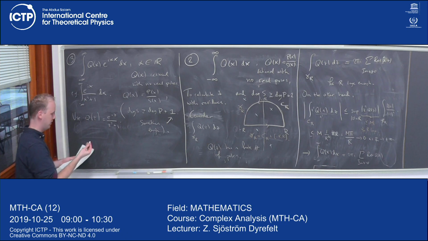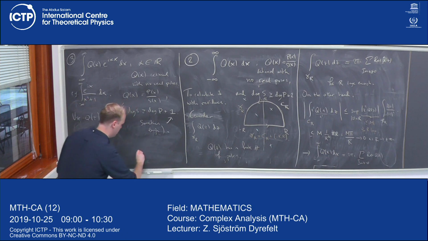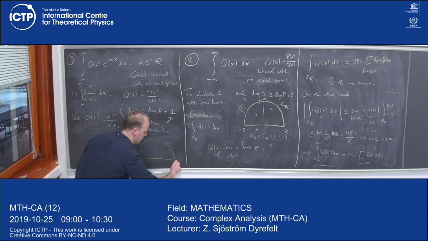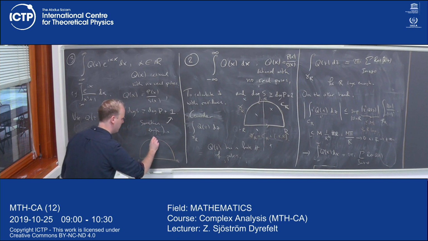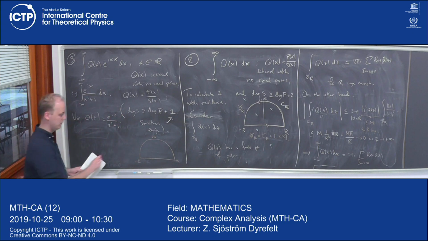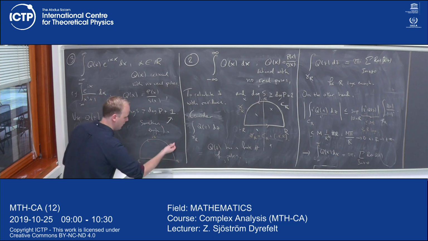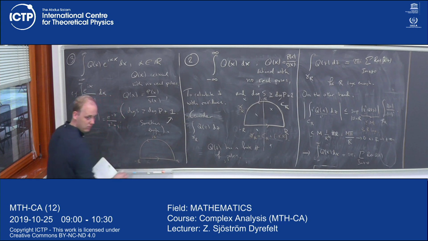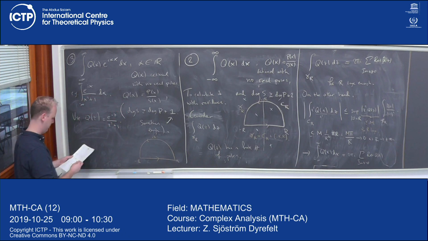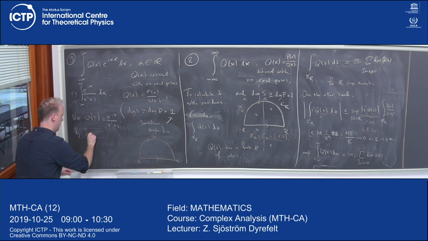And then you use again the exact same semicircle. This is a very common semicircle, from minus R to R. We use the same notation, trying to keep the same notation for the circle. Then by this time you use Jordan's lemma.